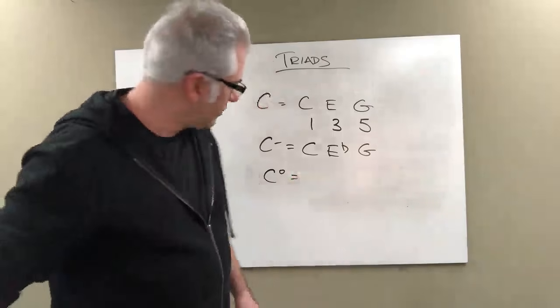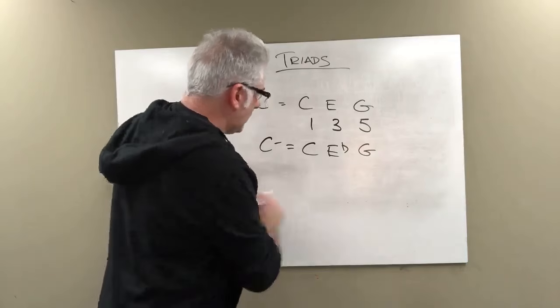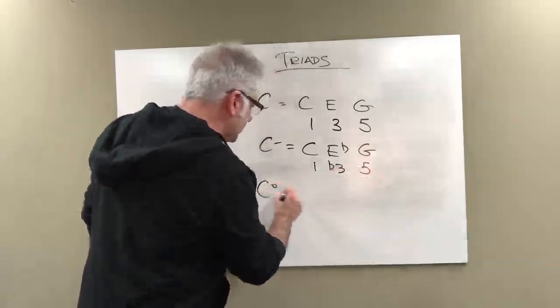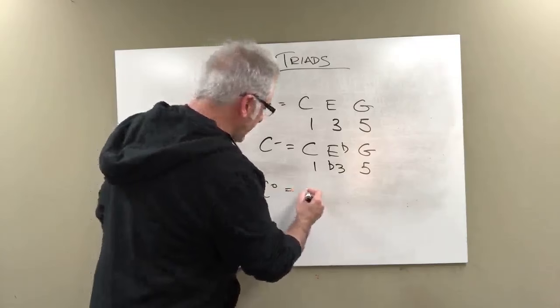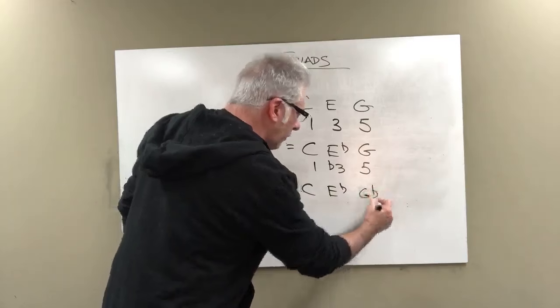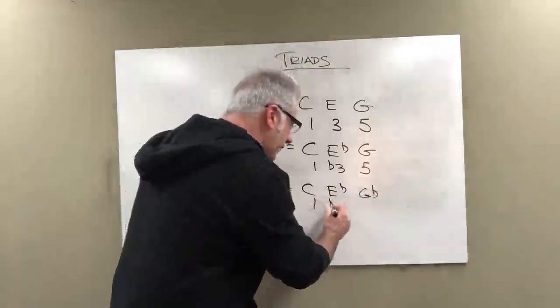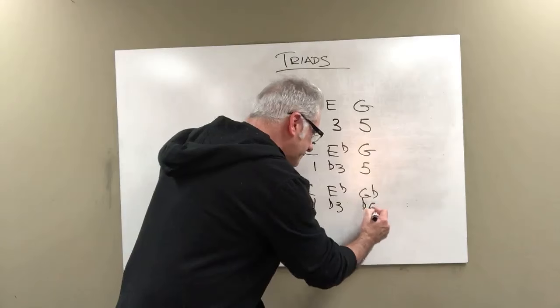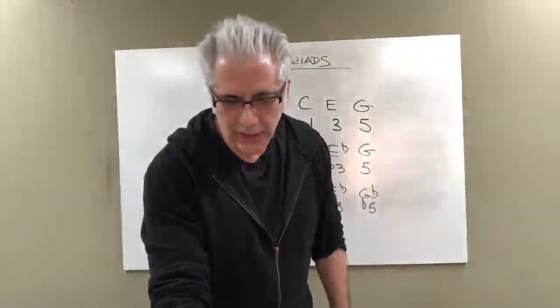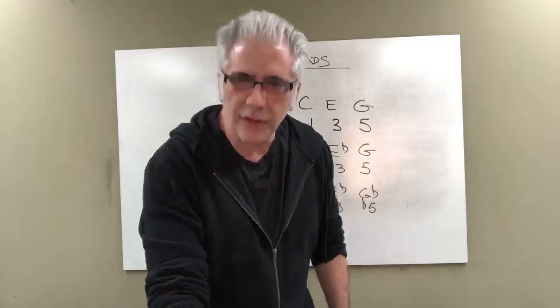Let me write this down actually. 1, flat 3, 5. And then you have C diminished, which is C, E flat, G flat. Well, what is that? That's 1, flat 3, flat 5. I took my C major chord, I lowered the third and I lowered the fifth down a half step.